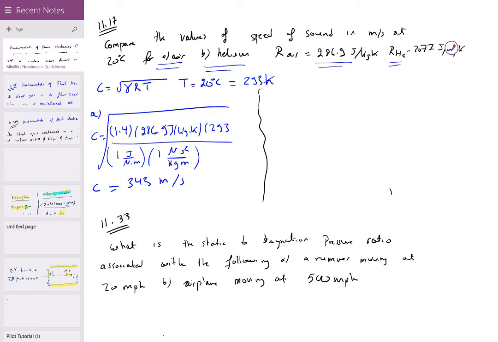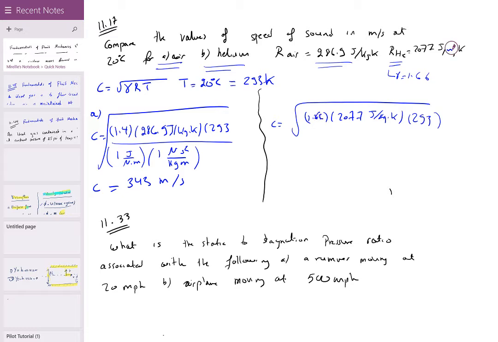Same problem for helium. This time I have 2077 joules per kilogram Kelvin and my temperature is 293. Now for helium, the k is not given, but the real k, or gamma, is 1.66.